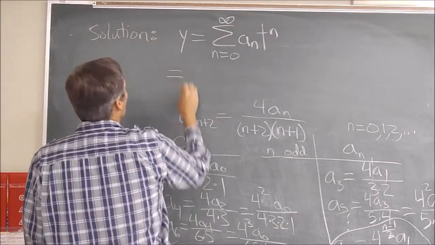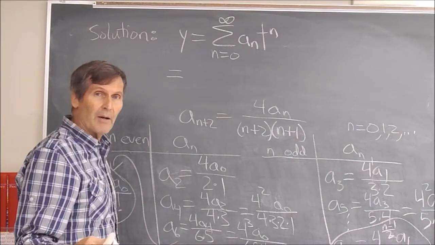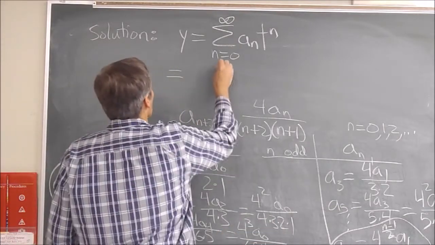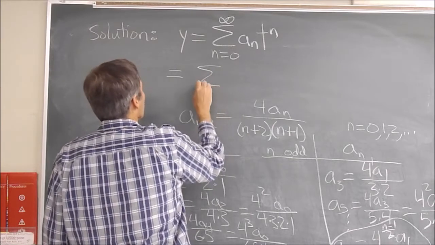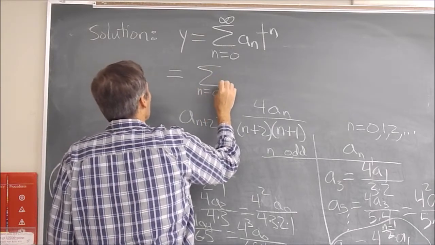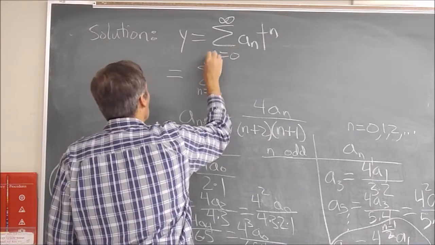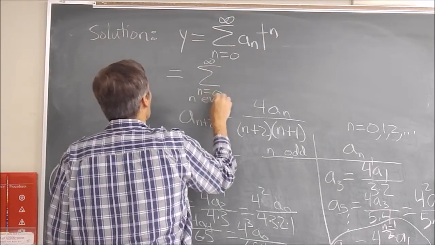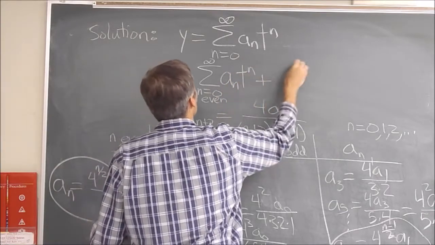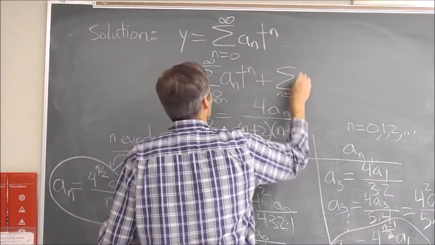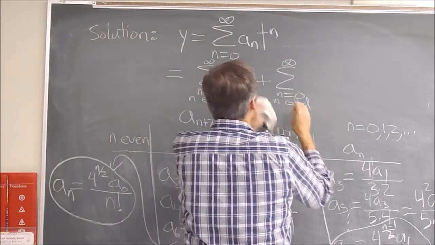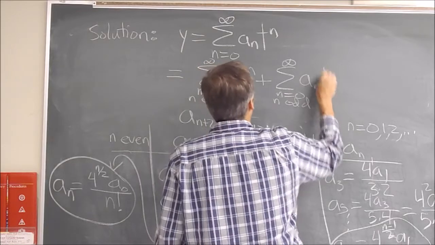Well, here's what you can do with power series. Within their radius of convergence, you can break them up into sums. Sum n equals 0 to infinity, n even, a_n t to the n, plus sum n equals 0 to infinity, n odd, a_n t to the n.